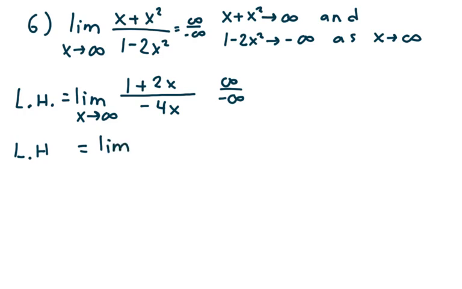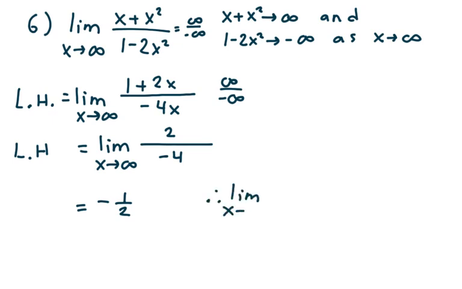And so this is the limit as x goes to infinity of 2 divided by negative 4. And so the correct answer here is negative 1/2. And so therefore the limit as x goes to infinity of x plus x squared divided by 1 minus 2x squared is equal to negative 1/2. That's how we do example 6.